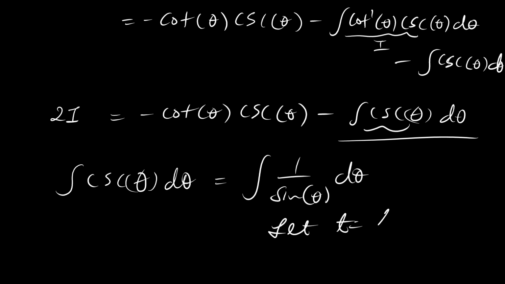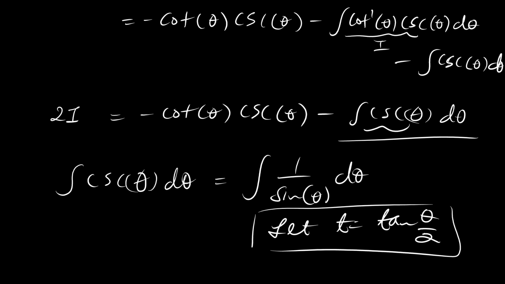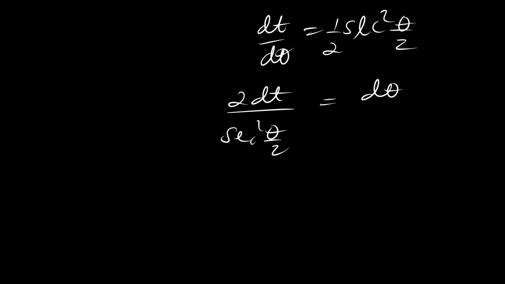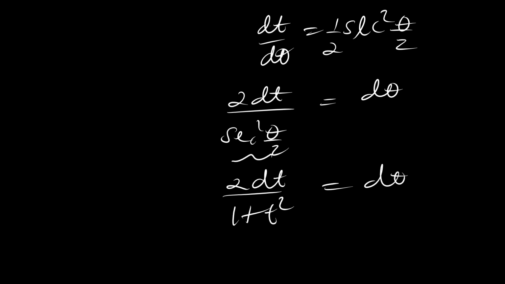and if we say let t be equal to tangent theta over 2, using that, dt d theta is equal to a half sec squared theta over 2, which means that 2 dt over sec squared theta over 2 is equal to d theta, and this is the same as 2 dt over 1 plus tan squared theta over 2. This becomes 2 dt over 1 plus t squared is equal to d theta.